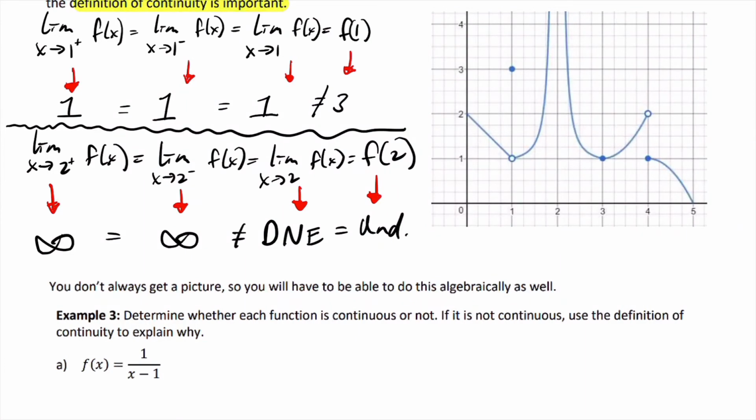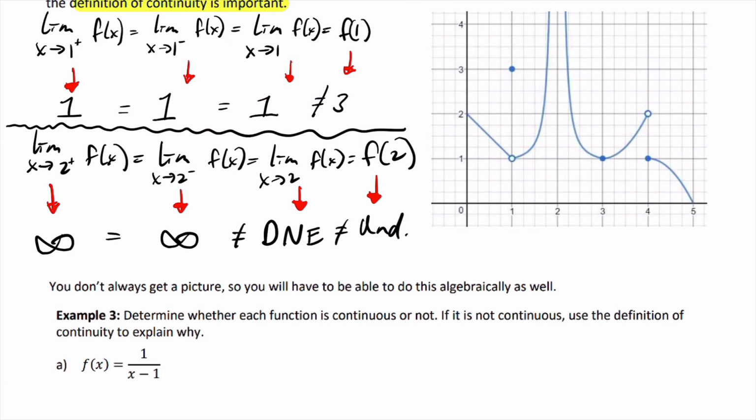So these don't equal. So we would say there is a discontinuity at x equals 2. And then we know what kind, it's infinite. I don't have room to write this, but for the last one, f of 4, you would write the limit as x approaches 4 from the right of f of x equals the limit as x approaches 4 from the left of f of x equals the limit as x approaches 4 of f of x is equal to f of 4.